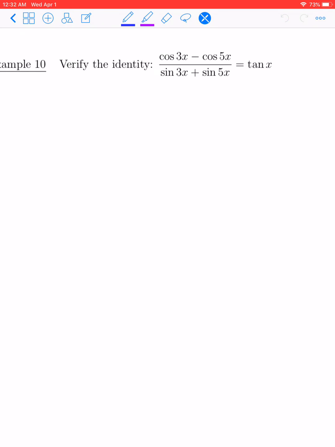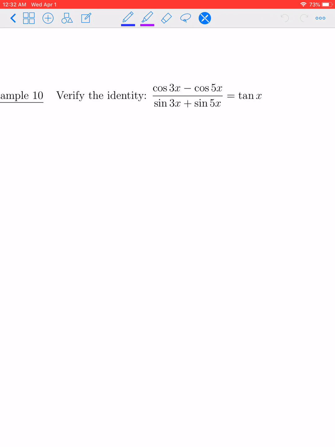We have one more problem in this section where we're asked to verify the following identity. We want to show that the cosine of 3x minus the cosine of 5x, divided by the sine of 3x plus the sine of 5x, is equal to the tangent of x. Let's go ahead and do this.